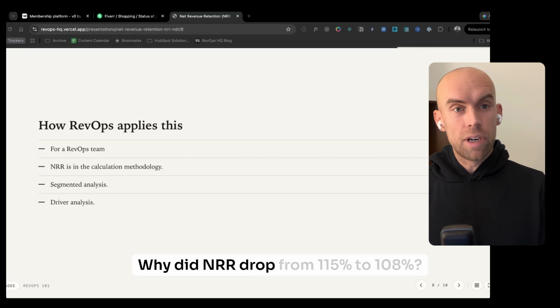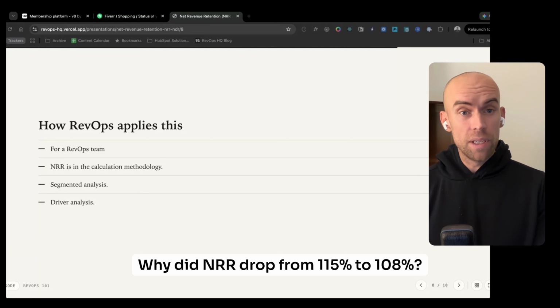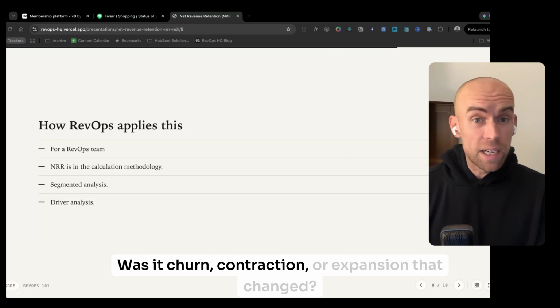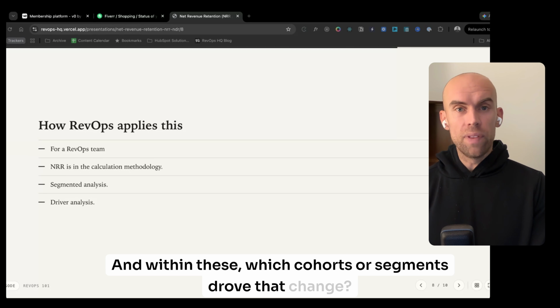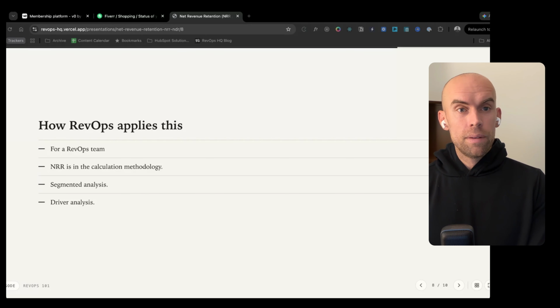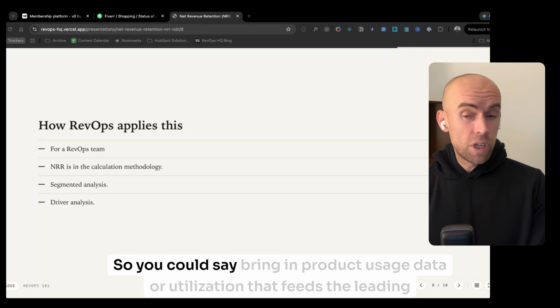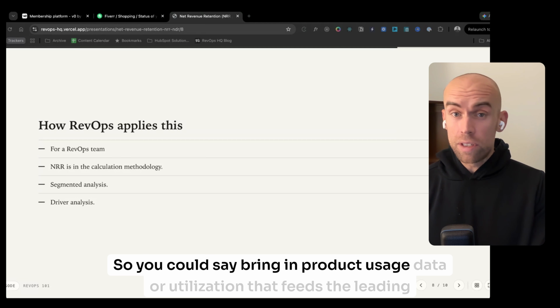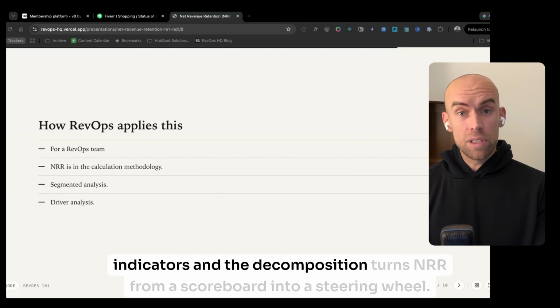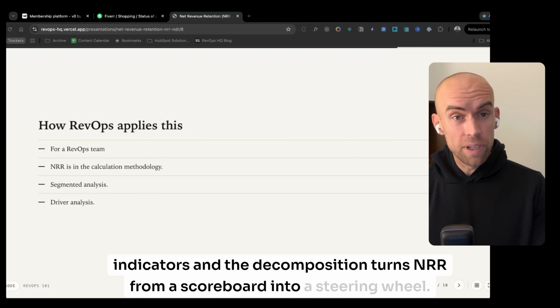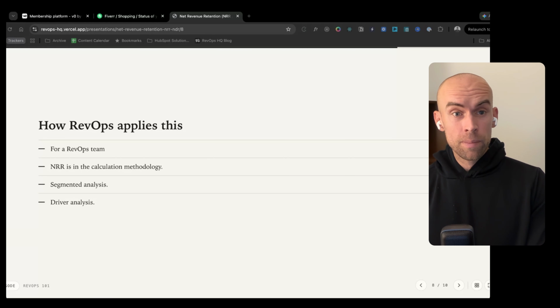Why did NRR drop from 115% to 108%? Was it churn, contraction, or expansion that changed? And within these, which cohorts or segments drove that change? You could bring in product usage data or utilization that feeds the leading indicators, and the decomposition turns NRR from a scoreboard into a steering wheel.